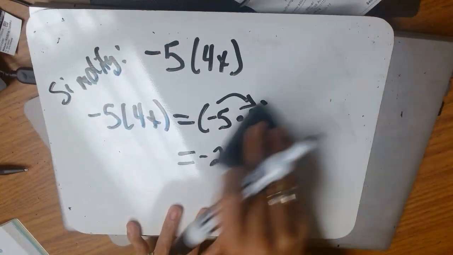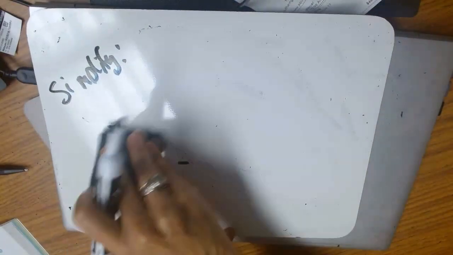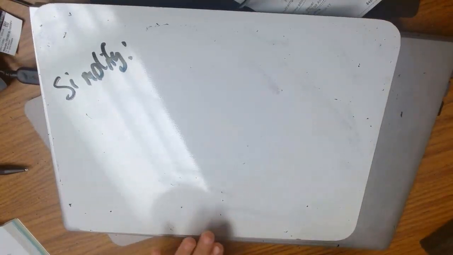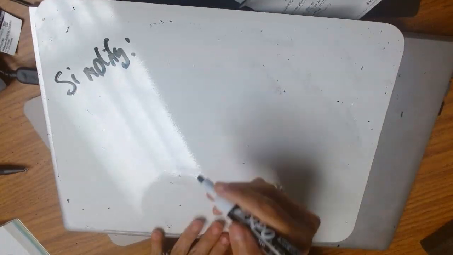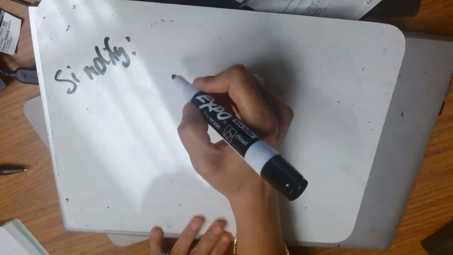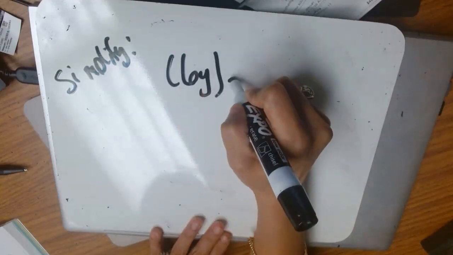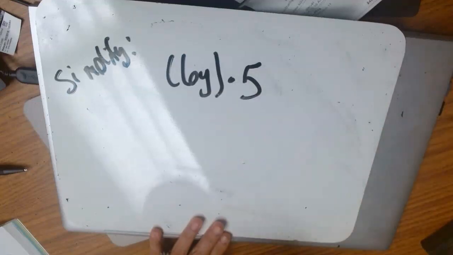All right, we'll do another problem to show what to do when you have expressions with parentheses. Okay, in this case, we're going to do, and remember that means times.